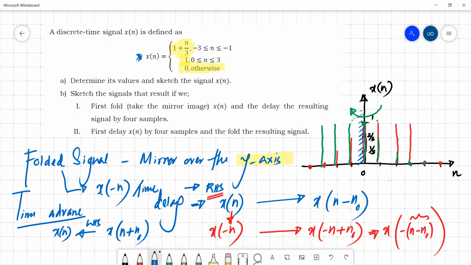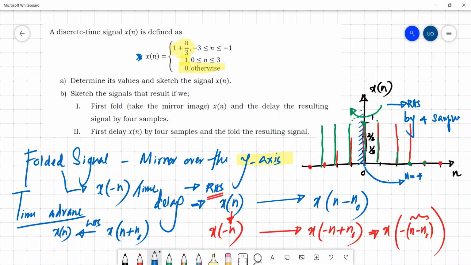So you can move this xn to the right hand side by 4 samples. So it means this 0 point actually moves to n equals 4. So then you can do it easily because now we have this forwarded signal.